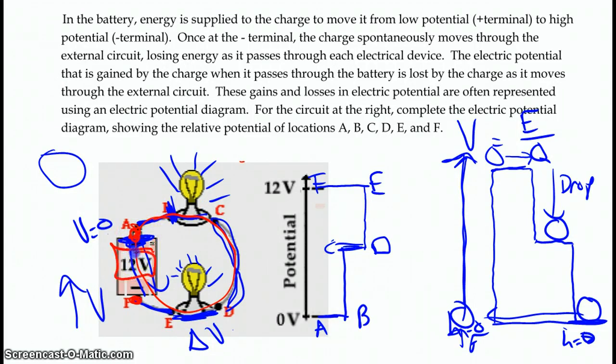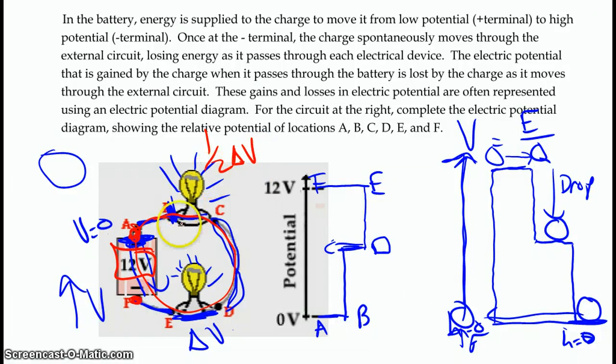So this was a 12-volt battery, so this potential rise was 12 volts. That means by the time I got done, I had to be back to 0. That means in the two light bulbs, I had to use up a total of 12. Now, since the two light bulbs look very similar, I made the assumption that each would take about half of the delta V, the change in potential, therefore the potential difference.